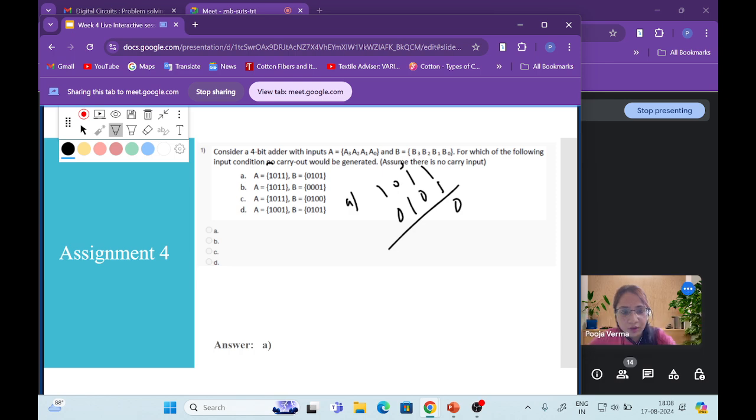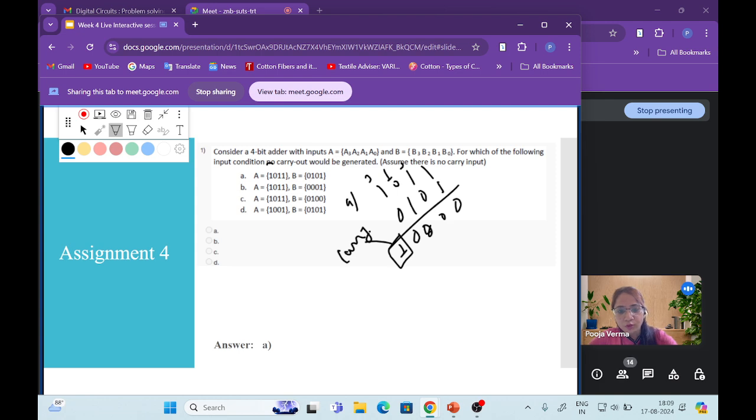So again 1 1 0, again 1 carry will be there, so the carry will be added to the next 1 1 0. Again a carry is there, so again 1 1 0 and there is a 1 carry. Okay, this one is a carry.